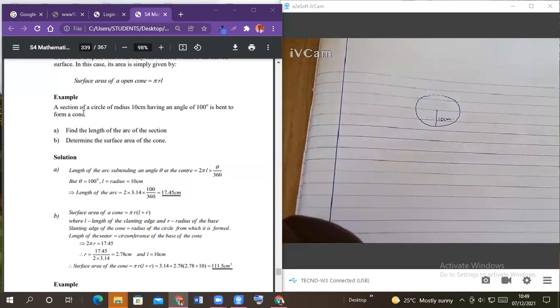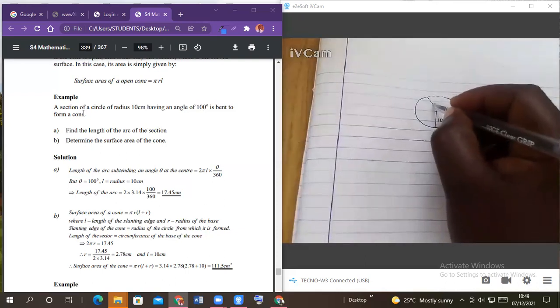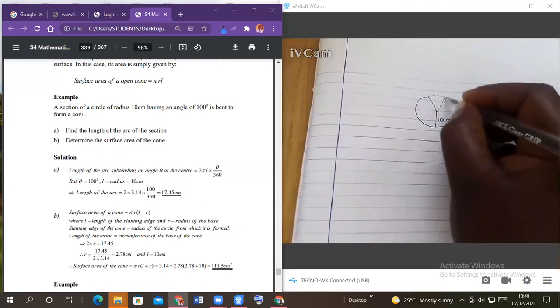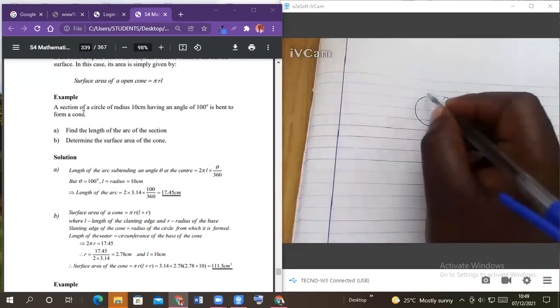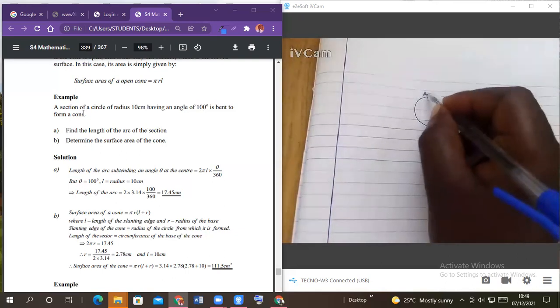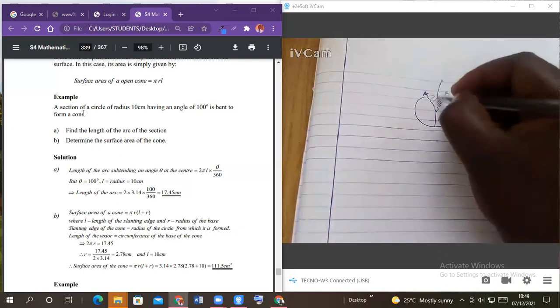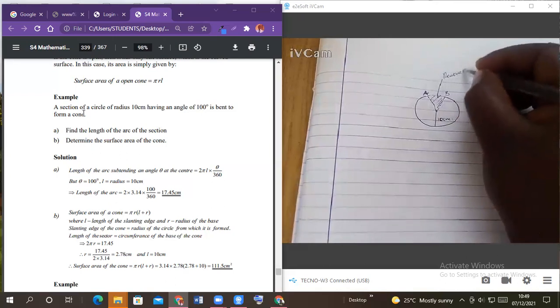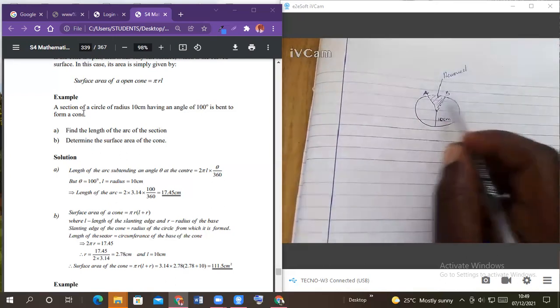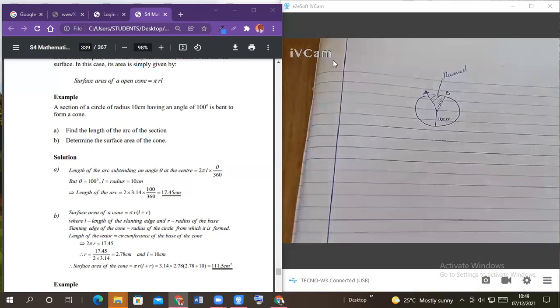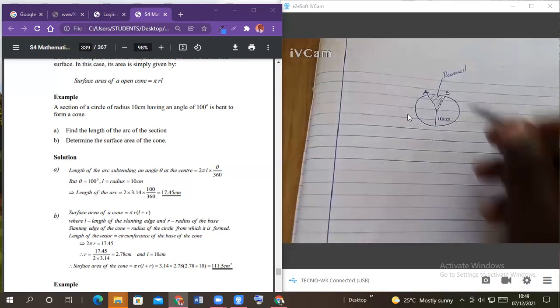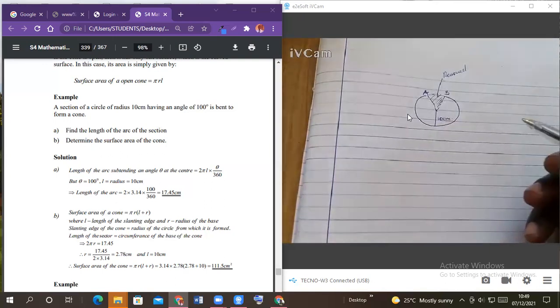If we cut from here, somewhere like that, and we fold this part, we join part A to part B. If this part is removed and then we join A to B, we shall have a cone that is formed, like how I showed you last time.